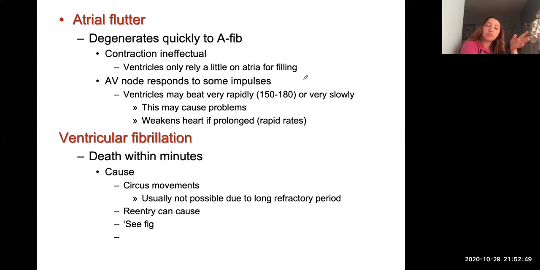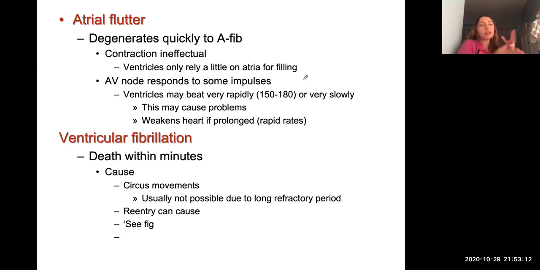Okay, so ventricular fibrillation, death within minutes, causes circus movements. The book talks about it, she doesn't, but it's not usually possible due to the long refractory period and tetanization and contraction.